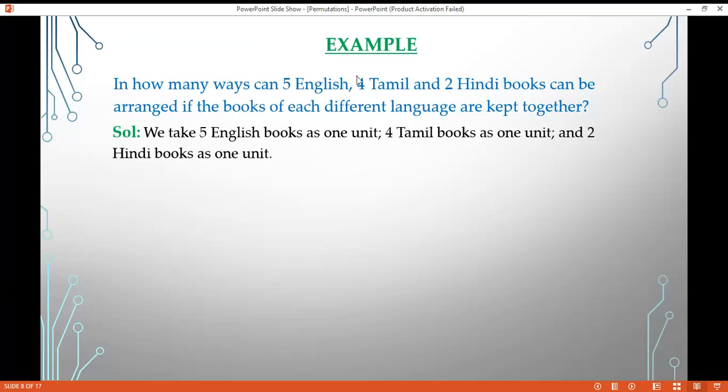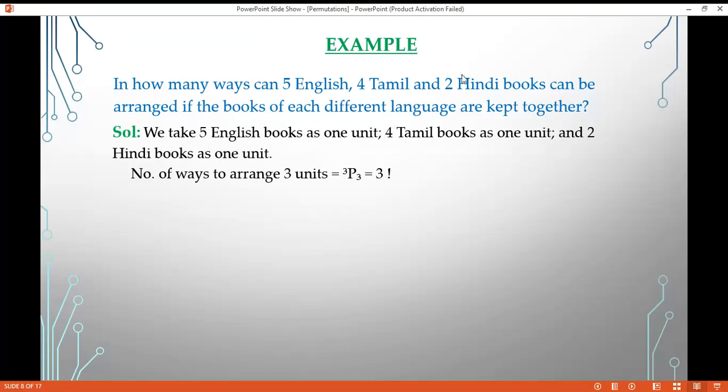So how many units do we have? One, two, three. Our first task is to arrange these three units, since they have to be kept together, right?